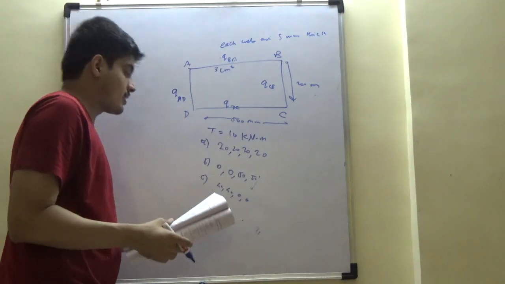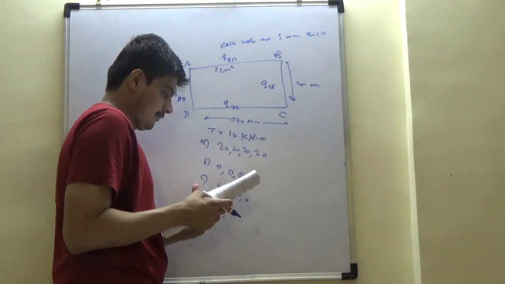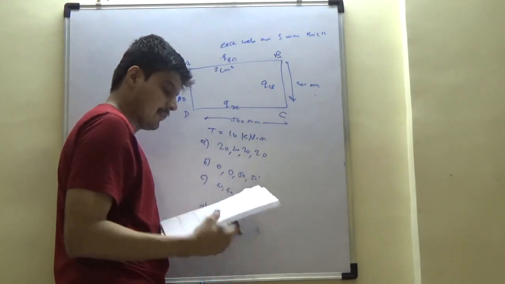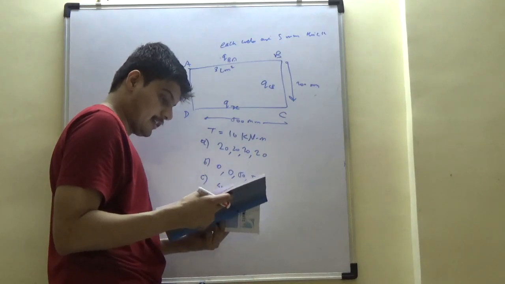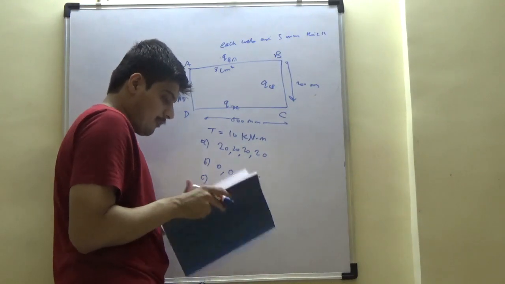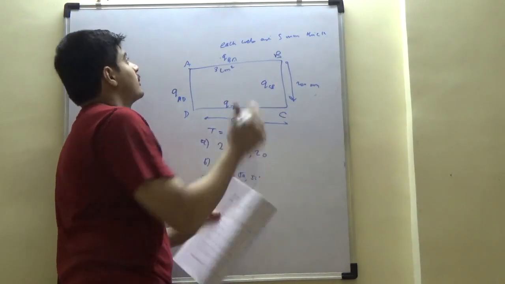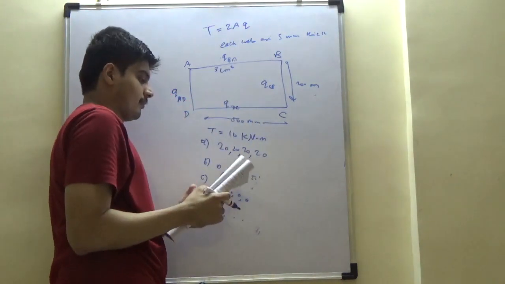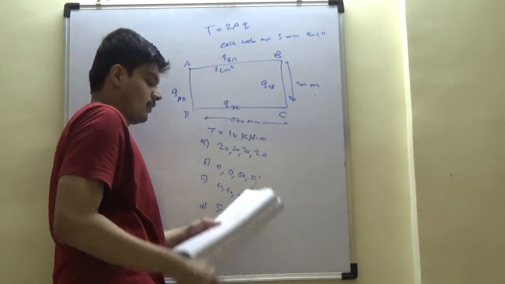Okay, so these are all given. Now, the twisting moment is already given. Wall thickness is very small, right? So what you should get from here very simply is that to find out what is happening, you have to use this analogy: T is equal to 2AQ. We have seen the shear stress flow, right?